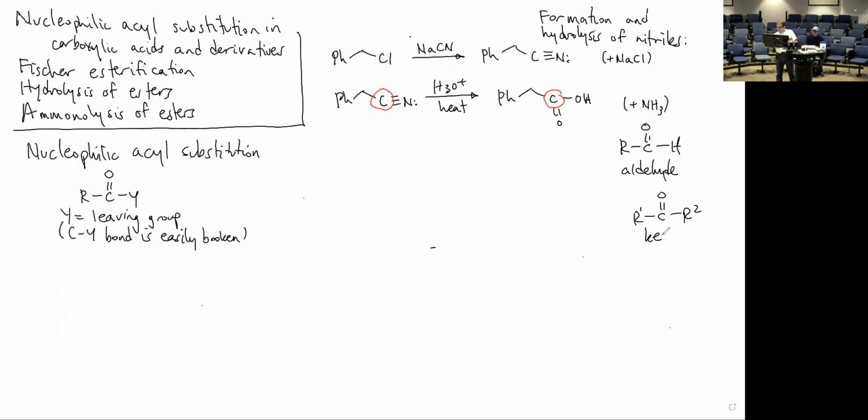And here's a typical ketone. And these bonds in the aldehyde and the ketone, that carbon-hydrogen bond, and of course this carbon-carbon bond, are not easily broken. So that's why those guys don't undergo substitution reactions. They undergo addition reactions. But derivatives of this type tend to undergo substitution reactions, in which some nucleophile comes along and you get a product.